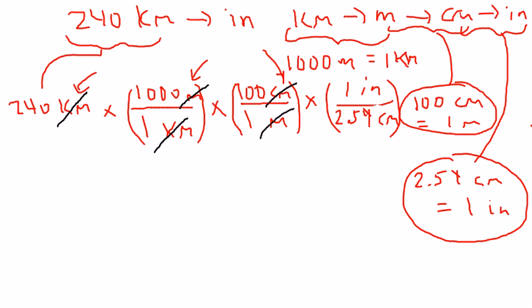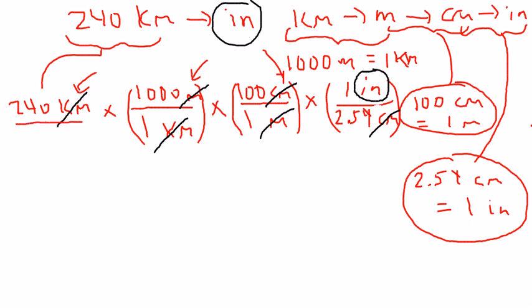I see there's a centimeter here that cancels with this centimeter. And the only last unit that remains is the inch, and that's exactly what I wanted, because I wanted to ultimately convert into inches. So once I'm convinced that I've set it up right, because all the units canceled out other than the inch, then I just carry through with the multiplication, the math.